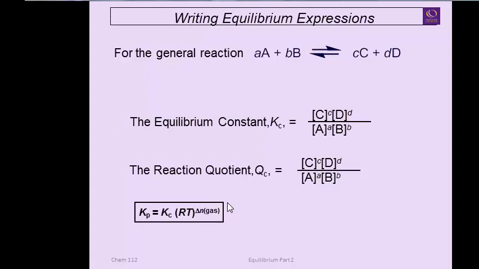The last thing is you can always do a conversion from an equilibrium concentration expression to an equilibrium expression in terms of partial pressures according to this formula: Kp equals Kc times RT raised to the power of delta n. In delta n, we're talking about whether the net gaseous molecules in the reactants are different than the net gaseous molecules in the products.